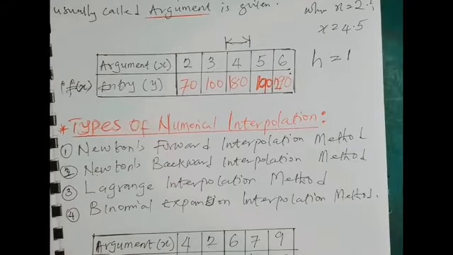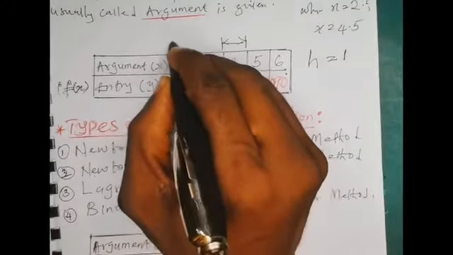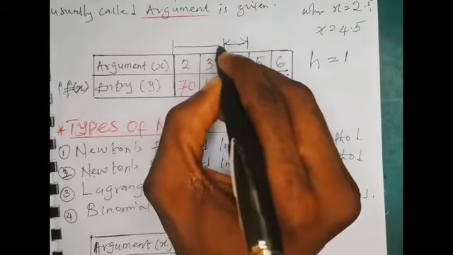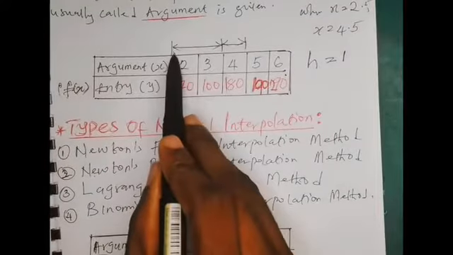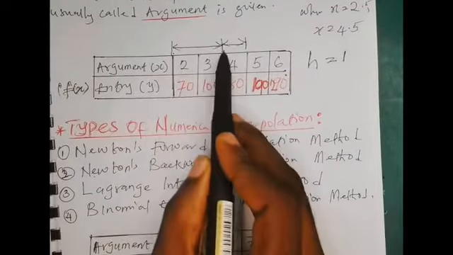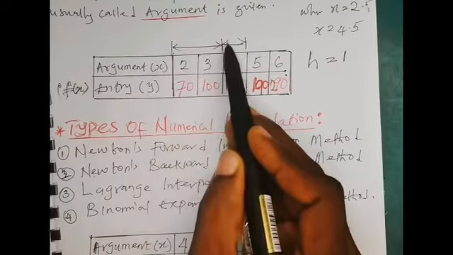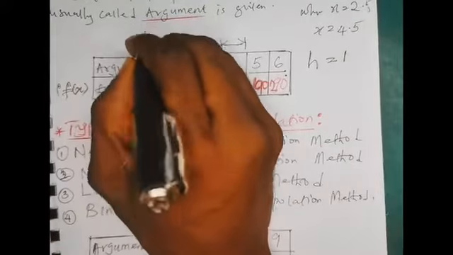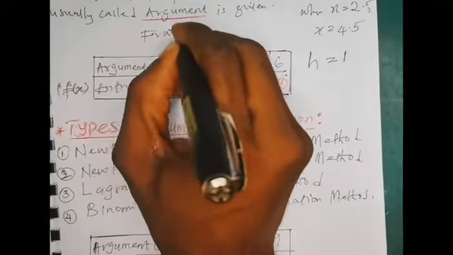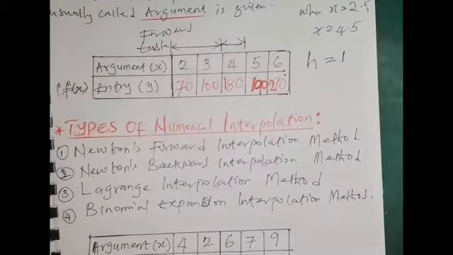Now, what is then the forward table and what is then the backward table? The table of values directly forward to the middle is called my forward table. So column 2 and column 3, directly forward to the middle, is called my forward table.